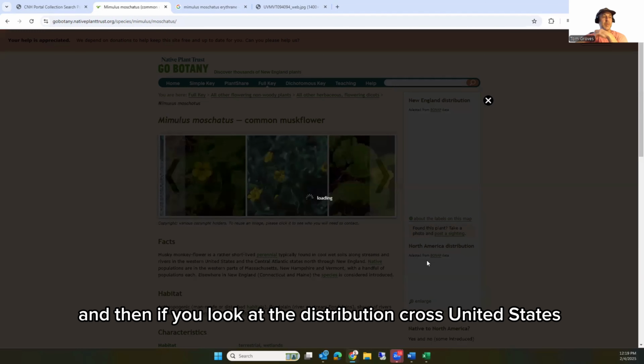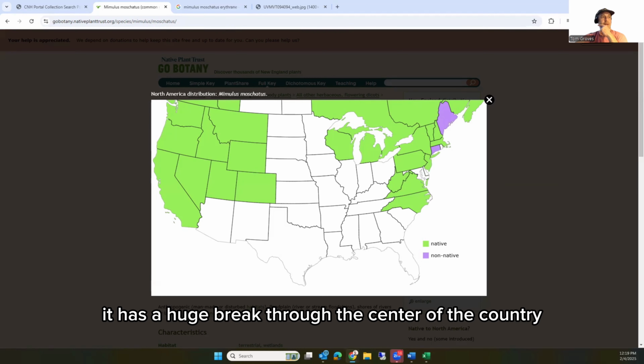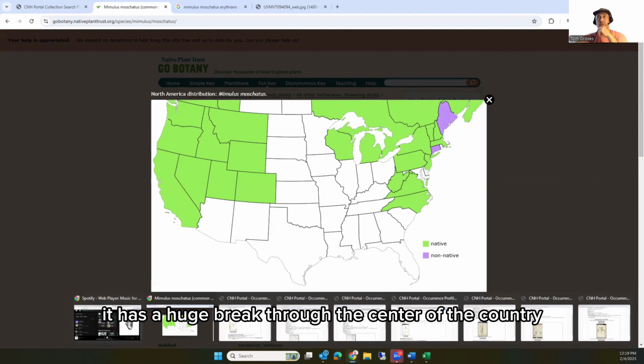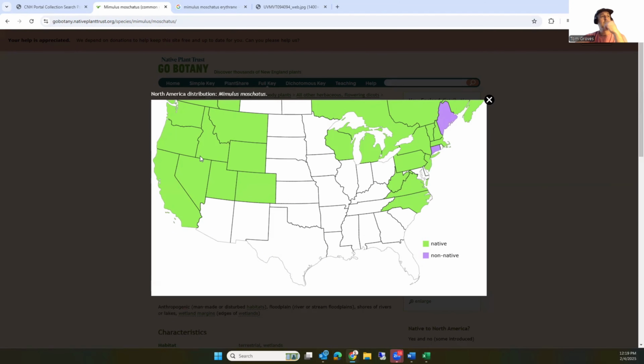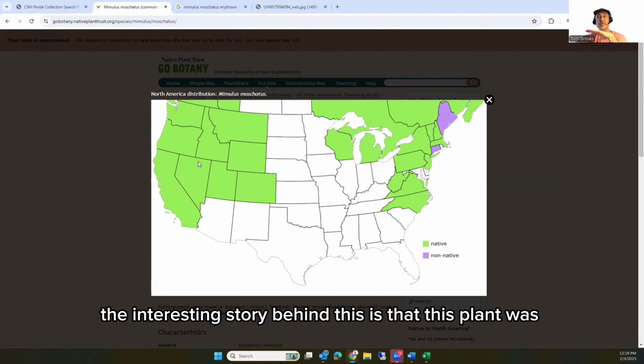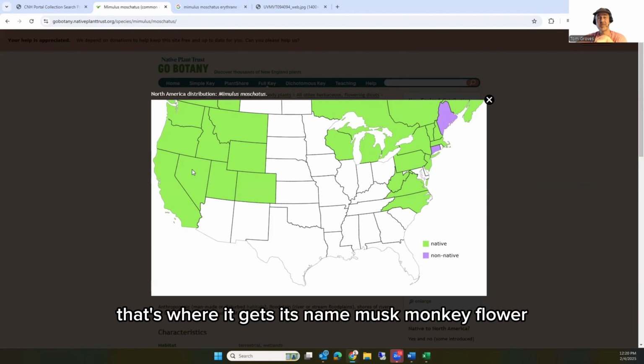And then if you look at the distribution across the United States, it has a huge break through the center of the country. So this plant occurs in the western part of the United States. And the interesting story behind this is that this plant was originally reported to have a musky scent to it. That's where it gets its name, musk monkey flower.